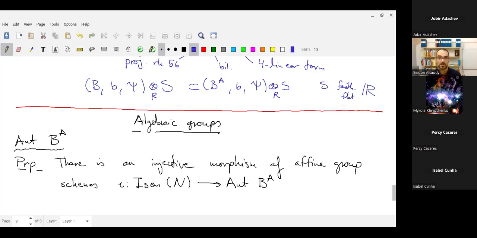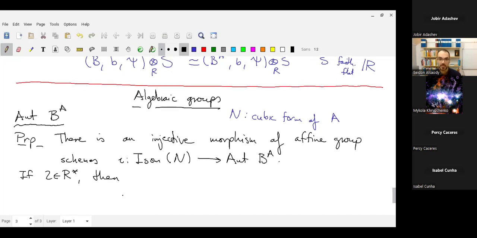So let me write here that N is the cubic form of the Albert algebra A. And this you always have. And then if 2 is invertible, then you get a split exact sequence.